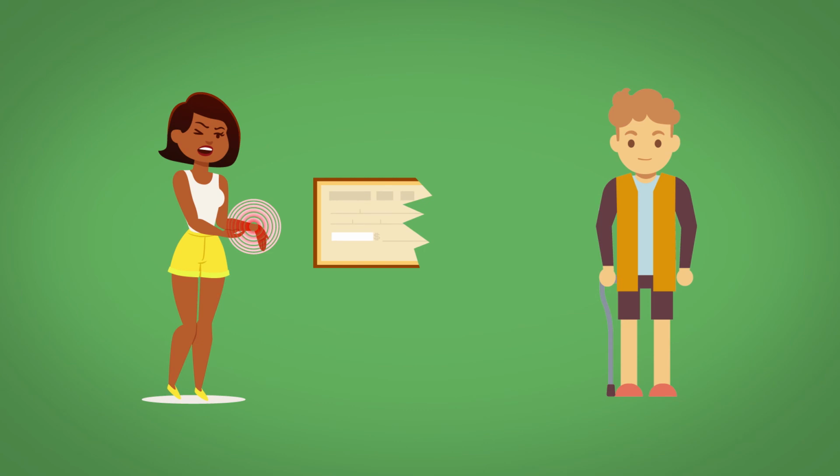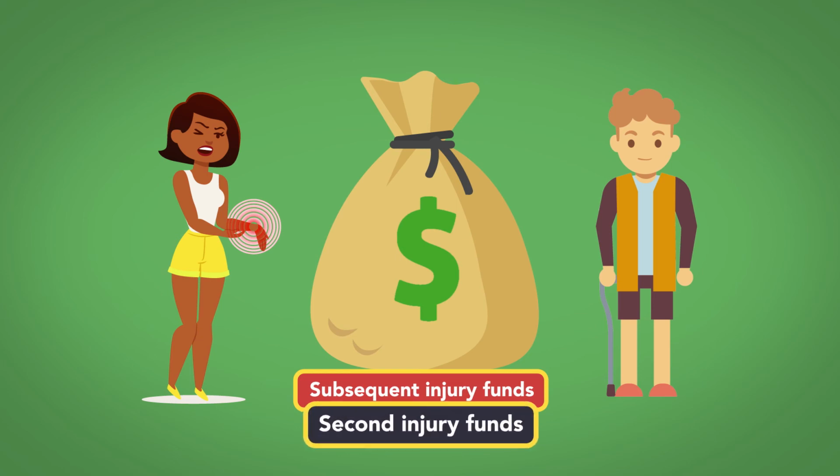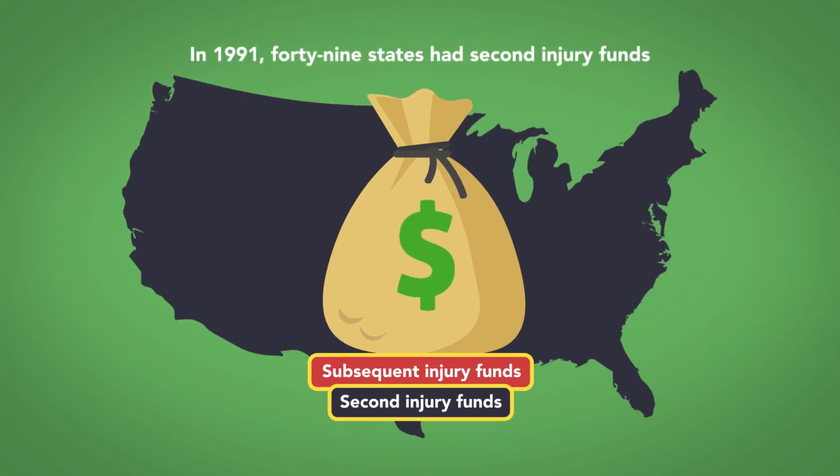To cover these workers, some states established subsequent injury funds, referred to as second injury funds in some states. In 1991, 49 states had second injury funds, but more recently, that number has declined. As of 2011, only 31 states still had such funds.